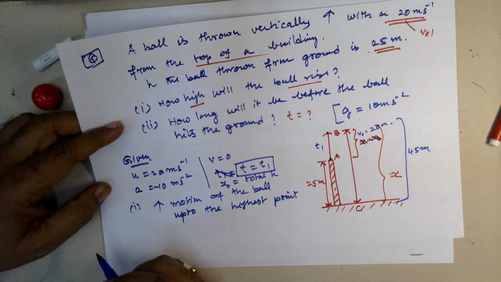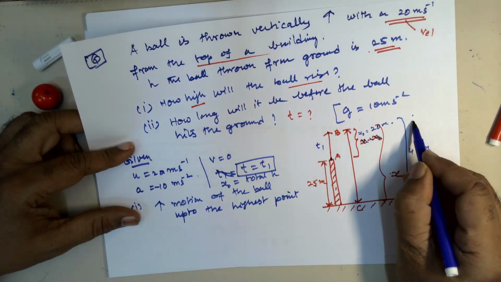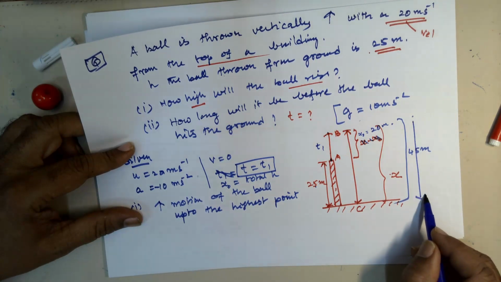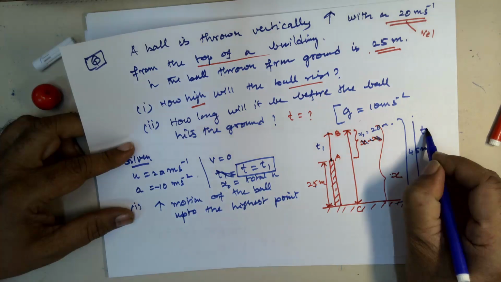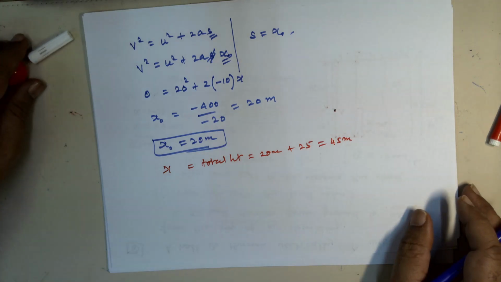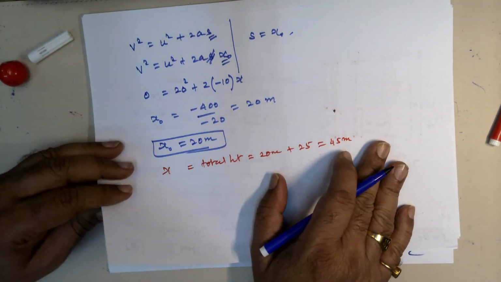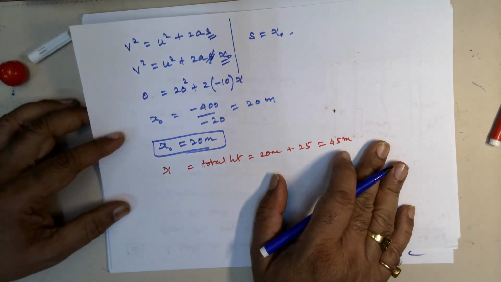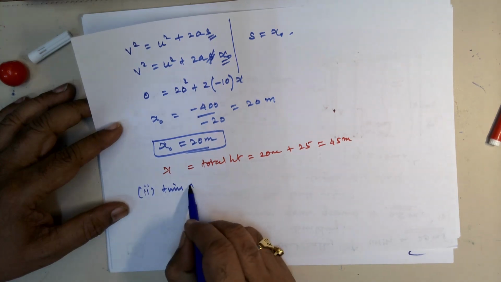And after reaching B, the ball freely falls here, okay? So at that time, what is the time taken? Let us call it T2. Now we have to find out T1 and T2, okay? So the total time of flight should be calculated as T1 plus T2. Now the second question, time of flight.